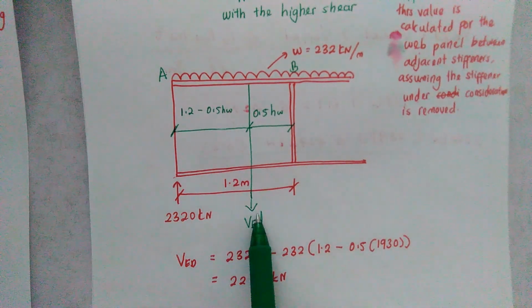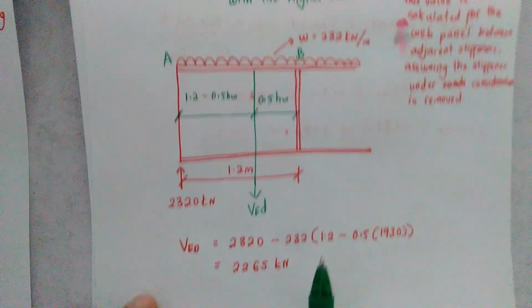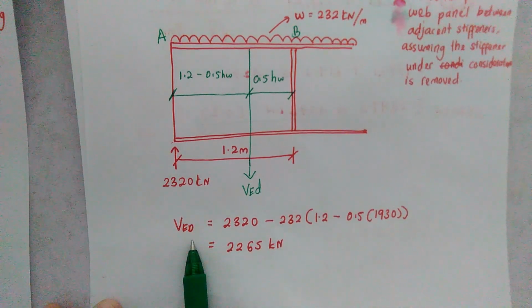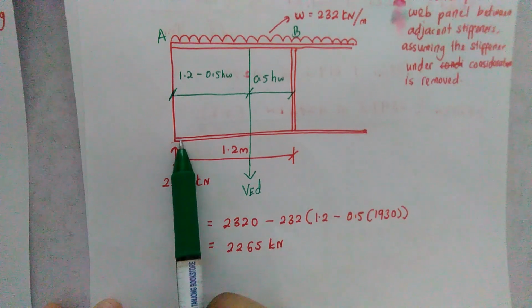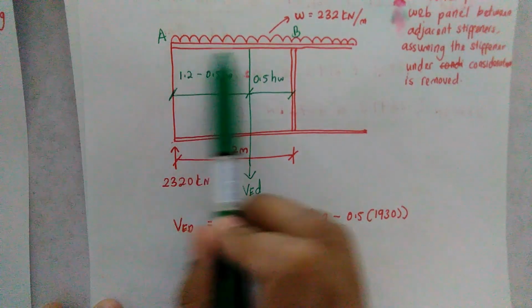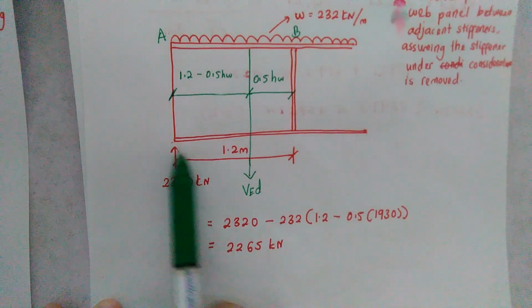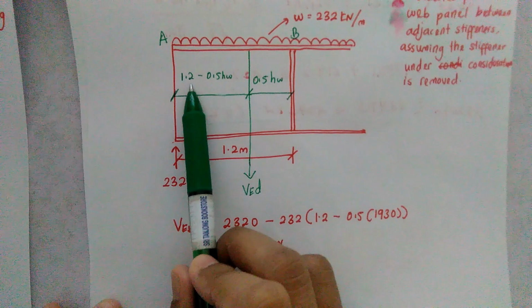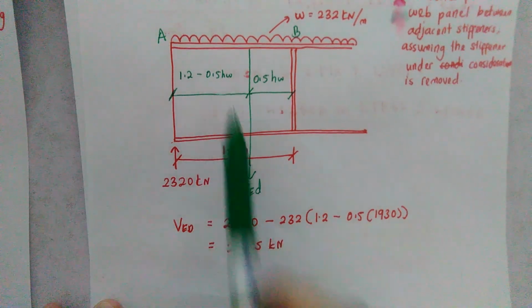To calculate the VEd here, VEd is equivalent to 2320 going upward, minus 232 kilonewton per meter times this distance, whereby 1.2 minus 0.5 hw.